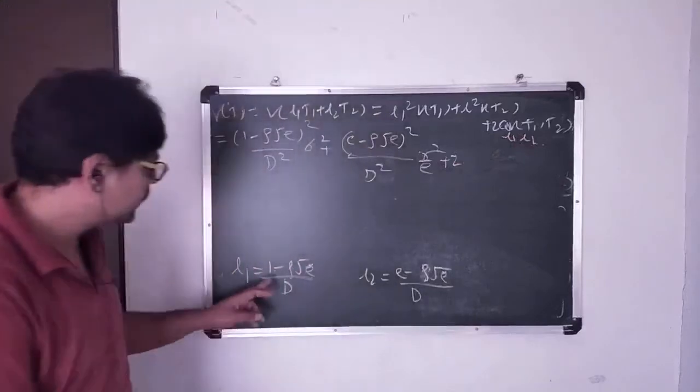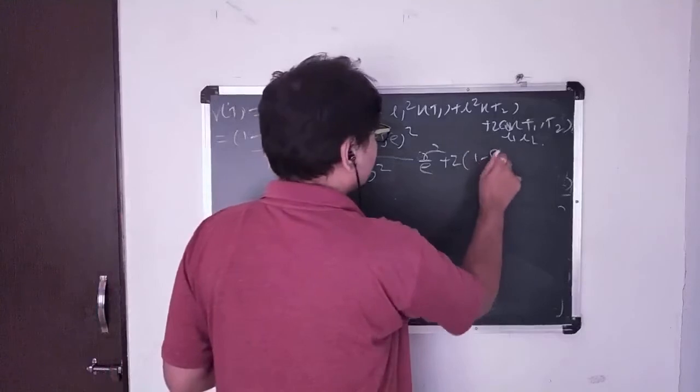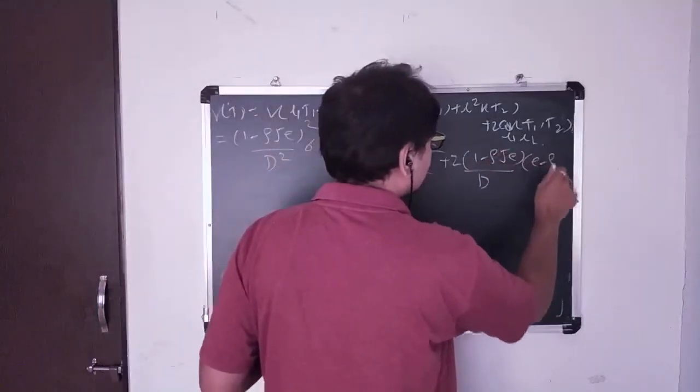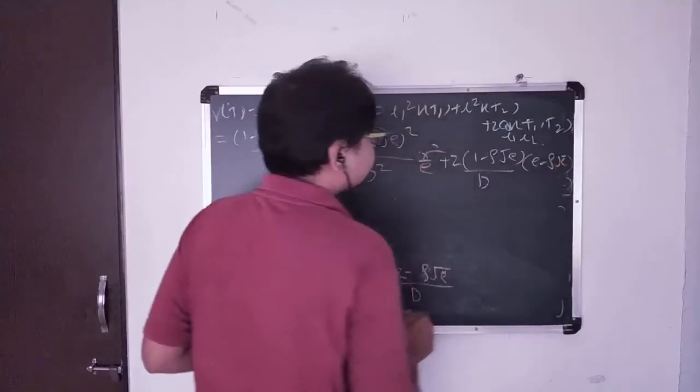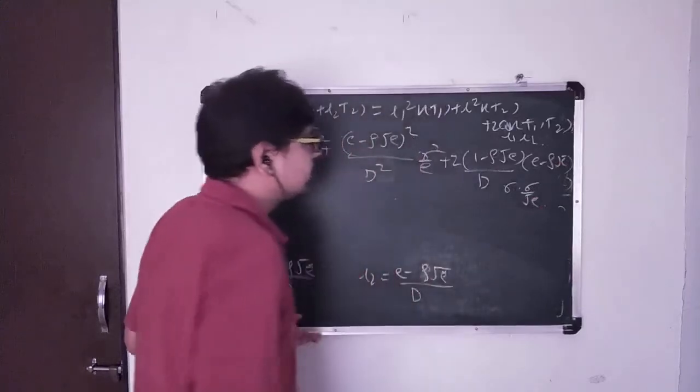So L1 L2 is 1 minus rho root E divided by D into E minus rho root E into sigma upon root E.